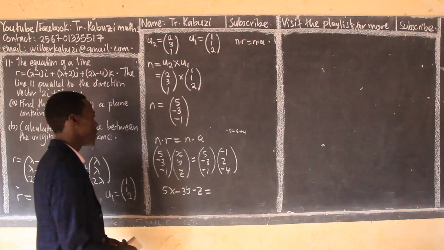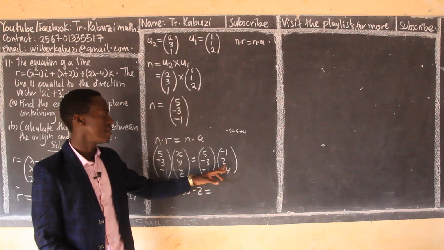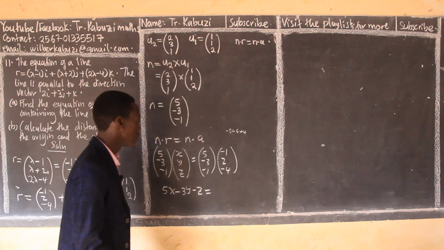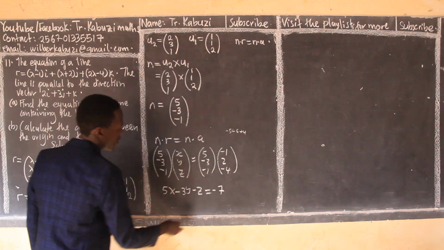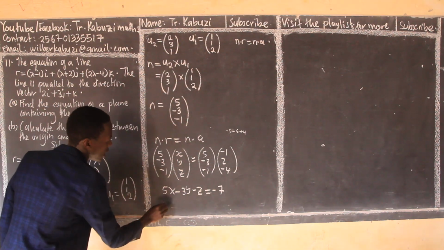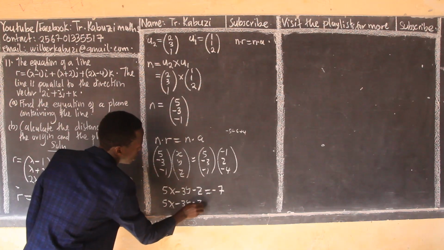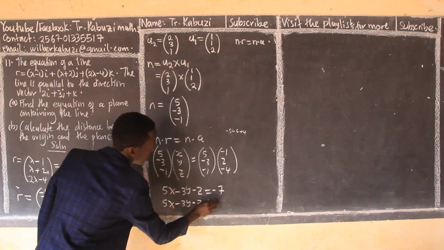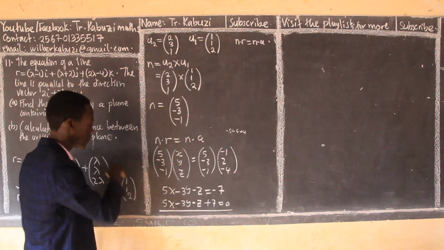That is -11 plus 4, so the answer is -7. So that is now our plane. Some people prefer to take it to this side to get 5x minus 3y minus z plus 7 equals 0. That was the equation of the plane.